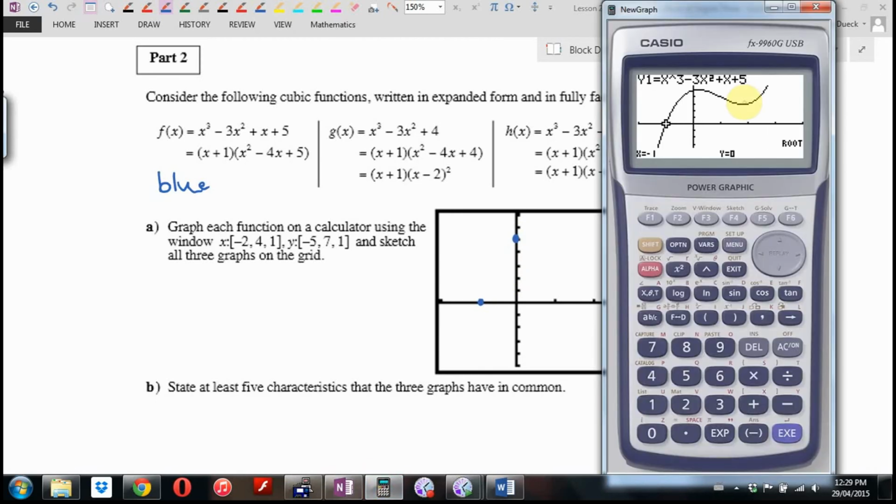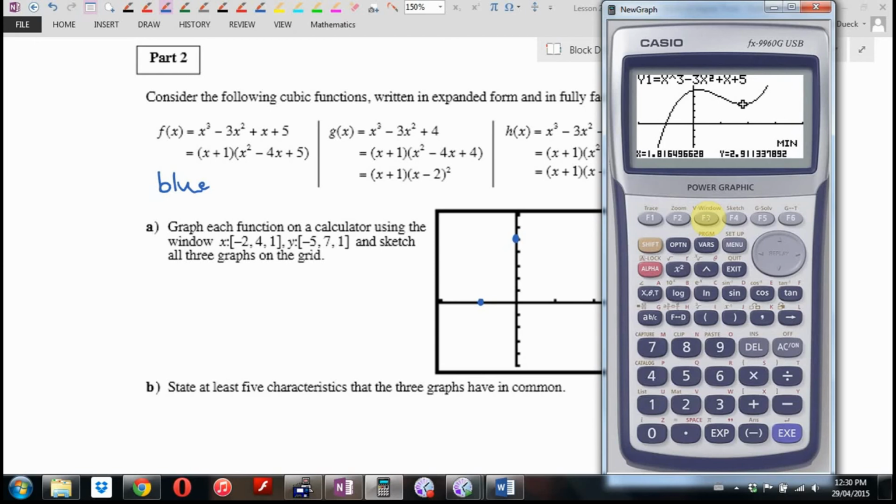What's this? No, a root would be where it crosses the x-axis. What's this right here? Begins with the letter M. It's a minimum? Oh, G-Solve, min. Apparently, okay, that's a yucky point. I'm not going to graph that. But if that had worked out evenly, I would have tried to get it in the right place. 1.8, 2.9.